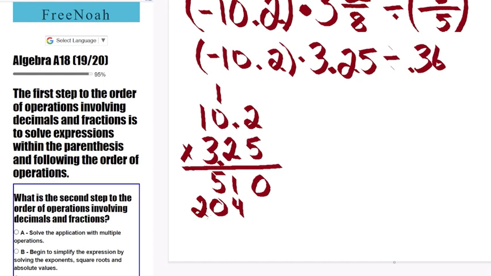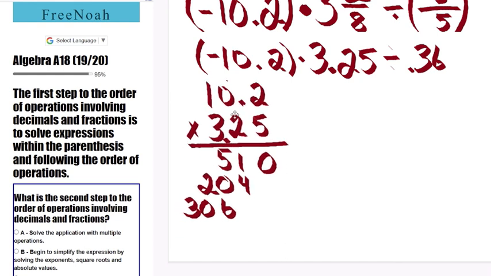And then 2 times 1 is 2. Moving on to our third column there, 3 times 2 is 6. 0 times 3 is 0. And 3 times 1 is 3. All right, now let's make a little space here so we can add nice and comfortably.